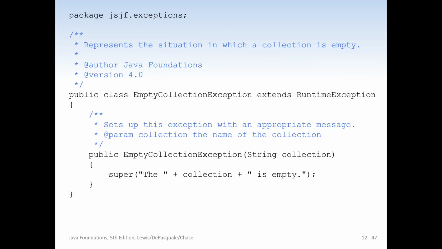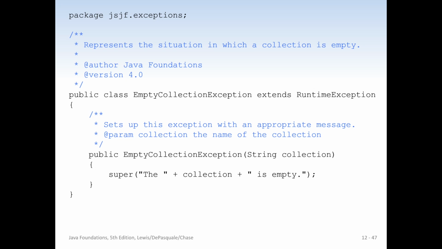So here is the source code for that. We have this public class and it extends runtime exception. All it does in the constructor is take a string, which is the name of the collection. Then it calls super, which is the parent constructor, and says the collection is empty.